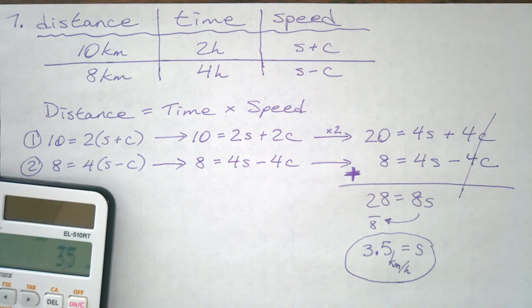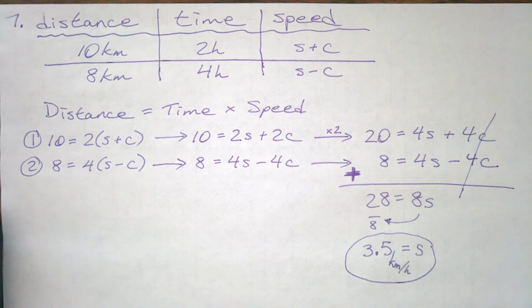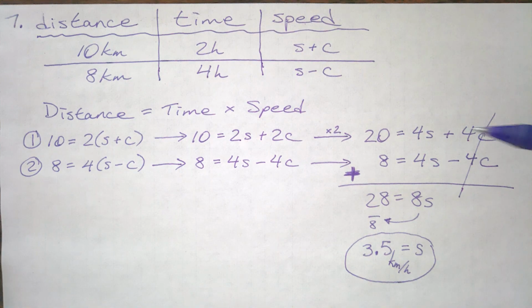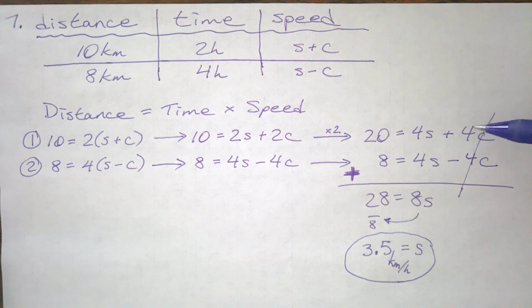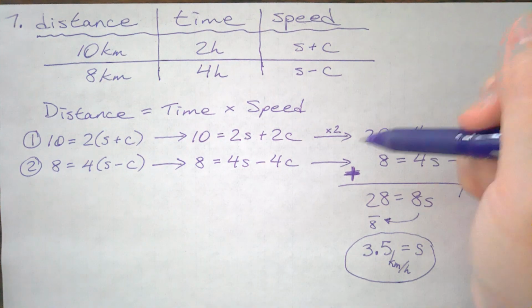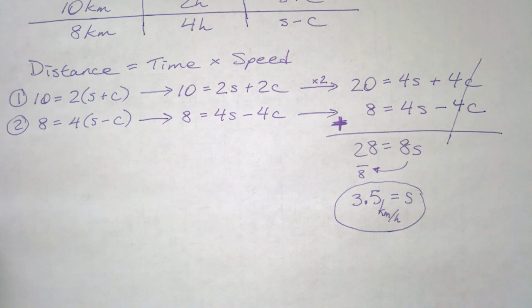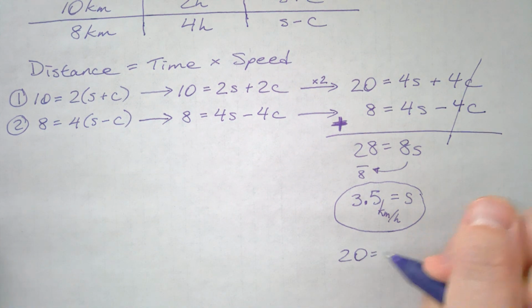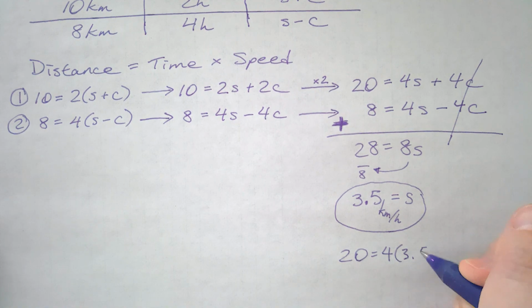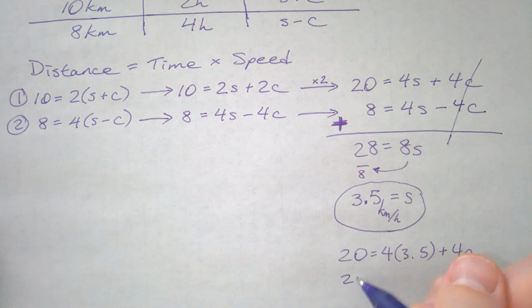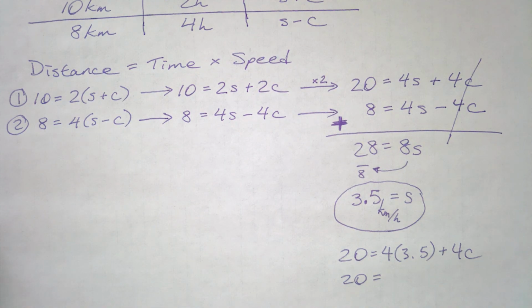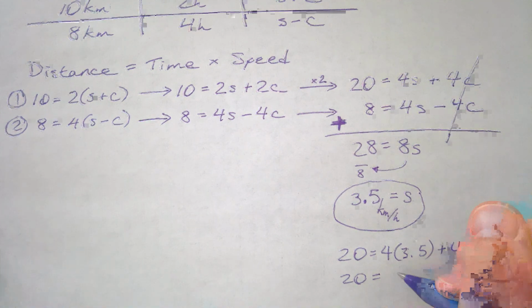Okay, I got S, so I can substitute it in either equation to solve for C. Let's say I substitute it in this one. 20 equals 4 times 3.5 plus 4C. 4 times 3.5 is 14.